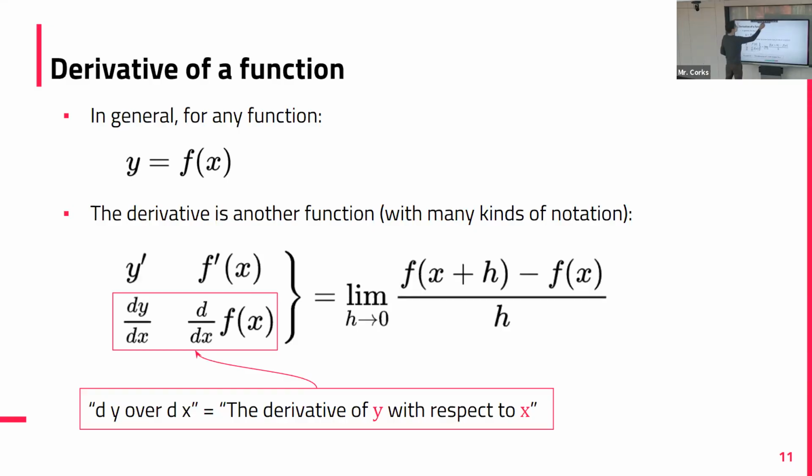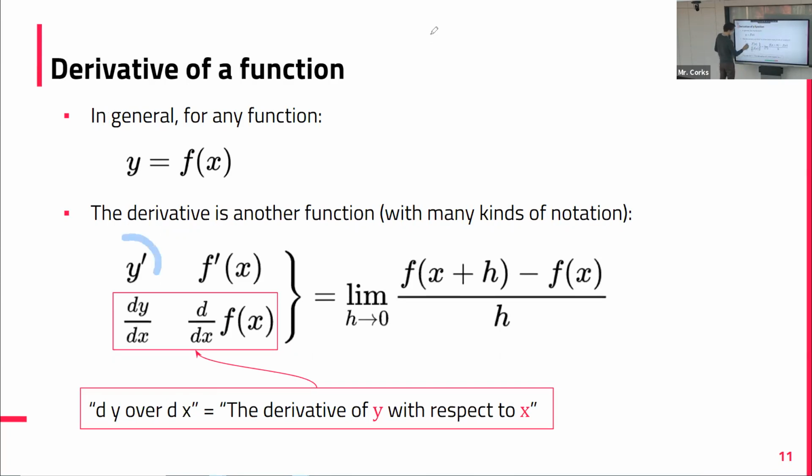We talked about notation last time. We have these four ways of writing the first derivative. We need to be familiar with all of those. They all mean the exact same thing. This one here is not a fraction.